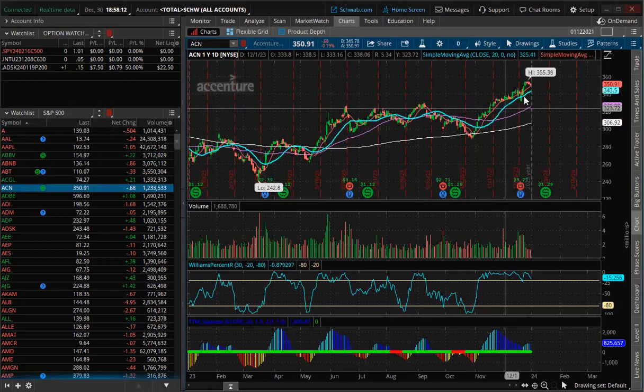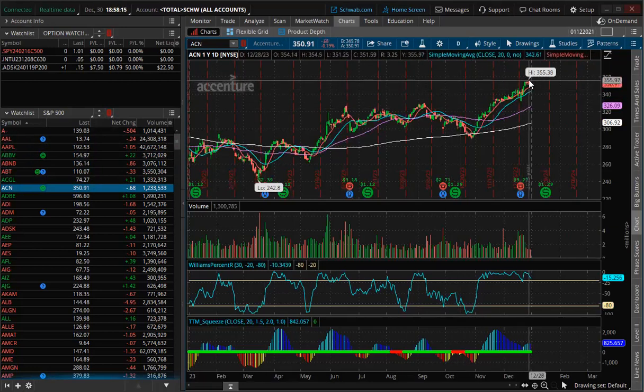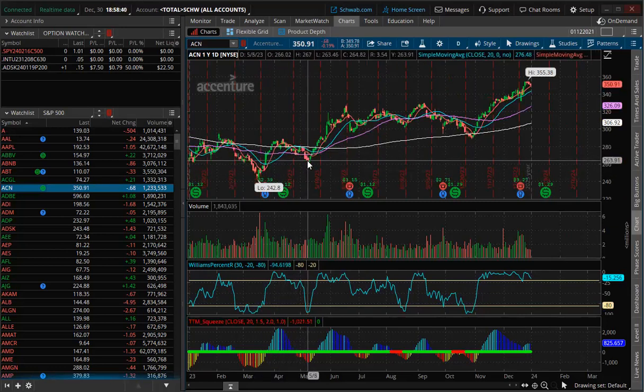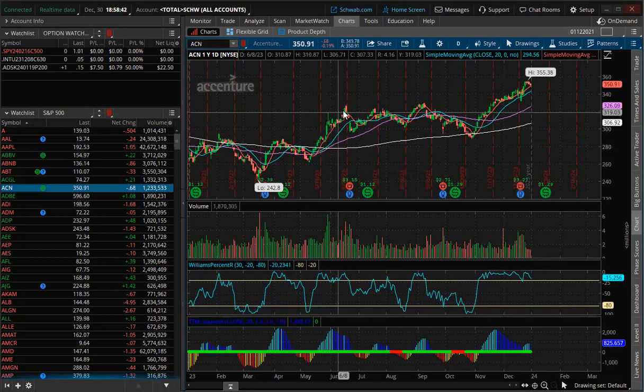Now, with ACN, a relatively new high a few days ago, I expect it to go down, because that's what happens when you have a new high. When it had the low, this was a new low. This was a year low. And you see, this is what happens at a new yearly low.